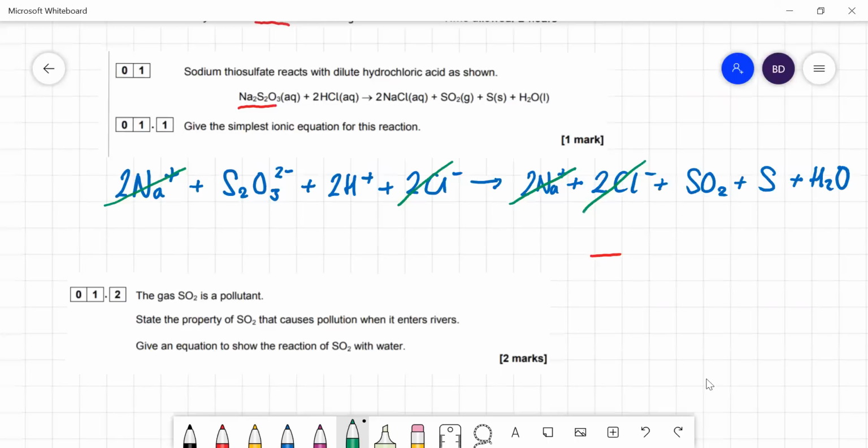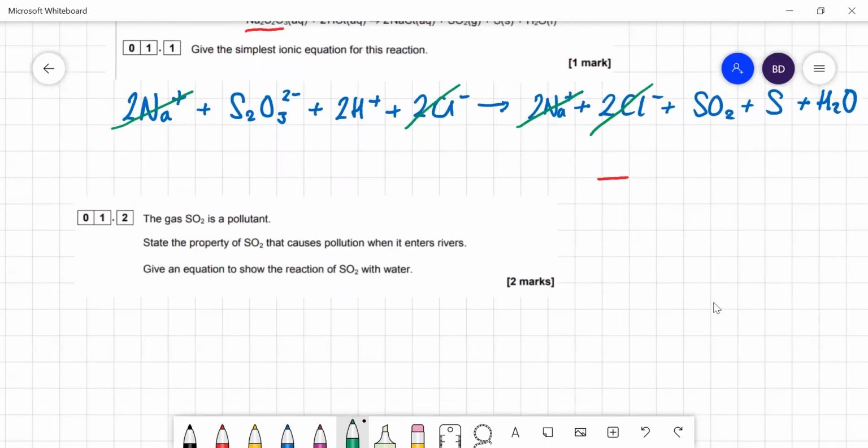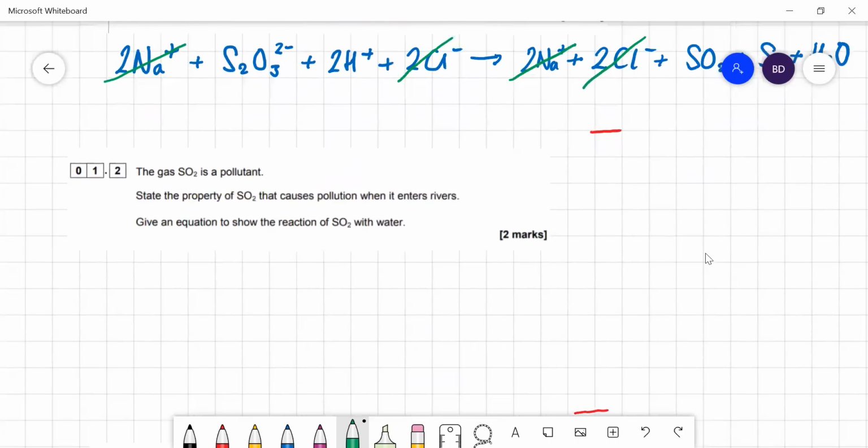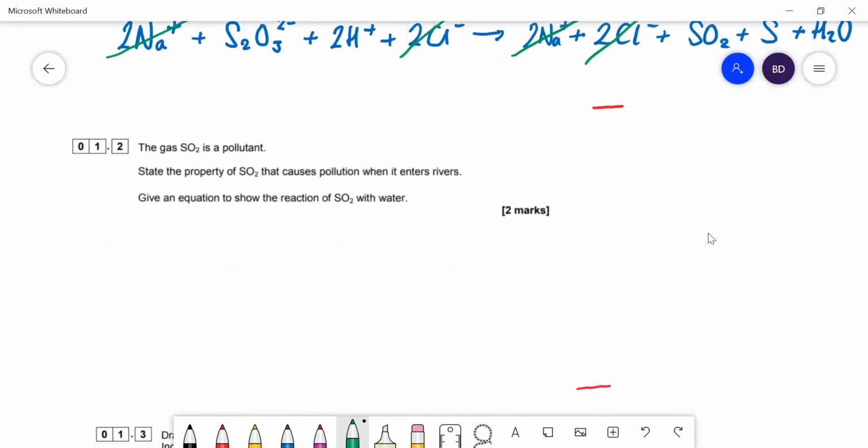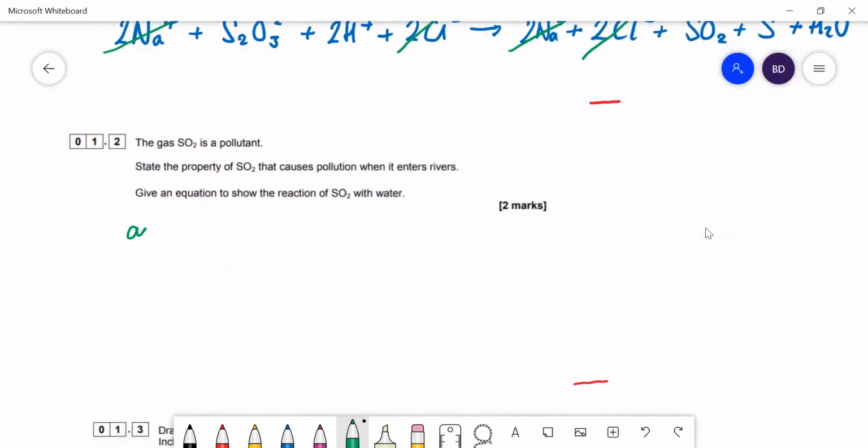Okay, SO2 is a pollutant. State the property of SO2 that can cause pollution when it enters rivers. It is an acidic gas, actually a Lewis acid. Obviously, it can't be a Bronsted-Lowry acid because it hasn't got any hydrogen in it. It's an acidic gas. Now an equation to show how it reacts with water.